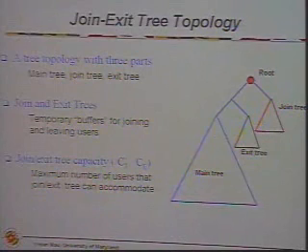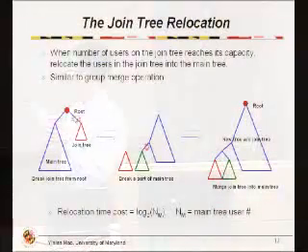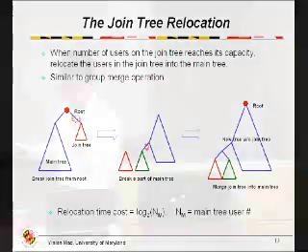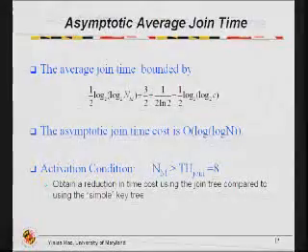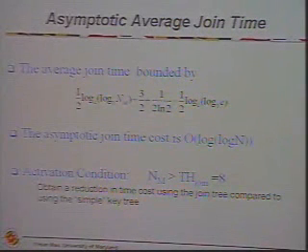So intuitively, when the group is large, using the join tree will give us some gain in the average join time. So we try to determine how large the group size must be, the threshold group size, to activate the join tree. And by some mathematical manipulation, also on that upper bound, we can derive this.